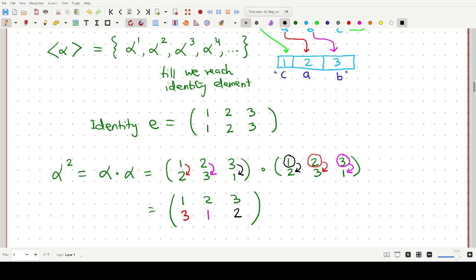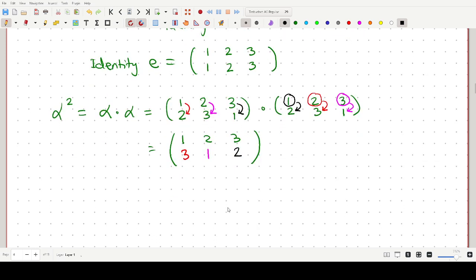Now we find out what is alpha to the power 3. Alpha to the power 3 can be written as alpha times alpha to the power 2, because composition is associative.